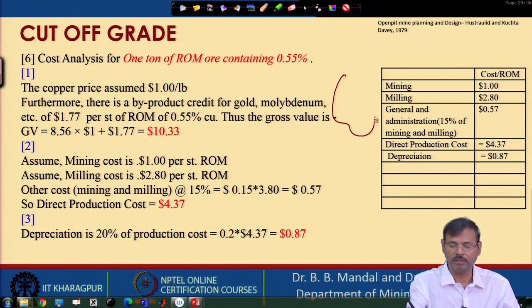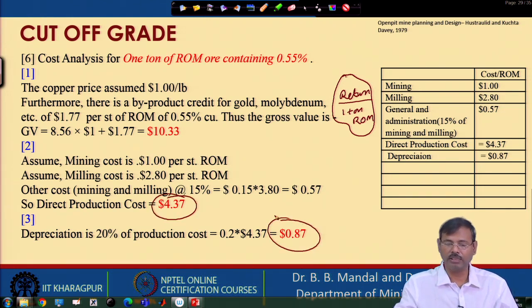This is the return we found from 1 ton of ROM. Last class we have already calculated this. This is the direct mining cost, this is the depreciation.